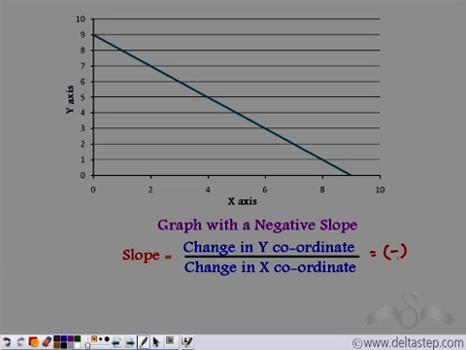Thus, we can say that as x coordinate increases, y coordinate decreases, then only the change in x coordinate will be negatively related to the change in y coordinate. So whenever we have a graph with a negative slope, we can say that as x coordinate increases, the y coordinate decreases. And this is what a graph with a negative slope means.